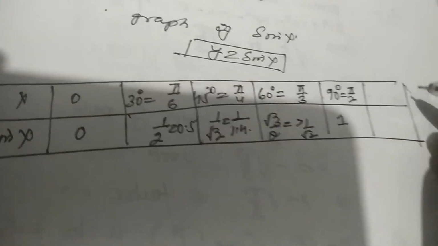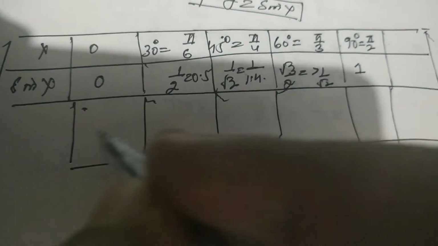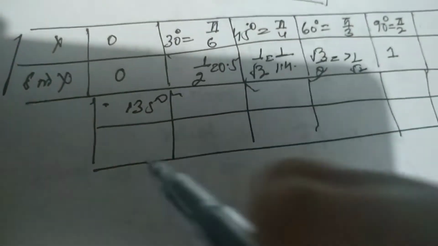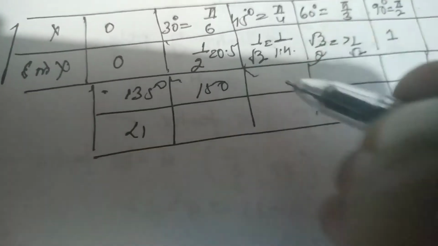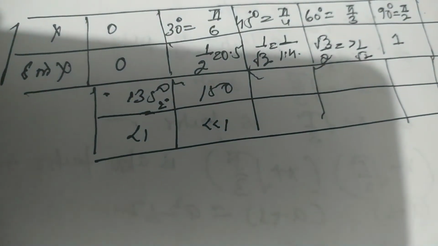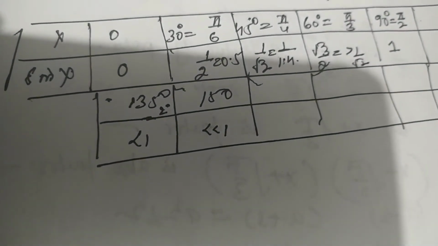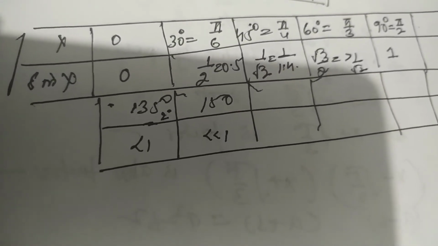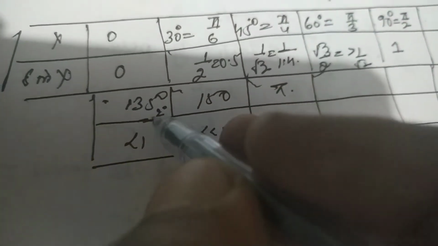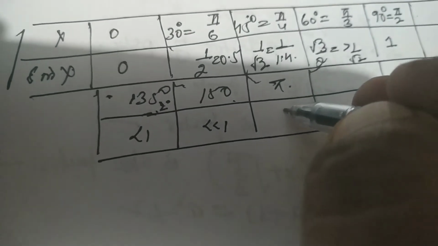Then 135 degrees is 3π by 4, and the sine will be lesser than 1. 150 degrees is also lesser than 1. Next, we put the value of π, where sin π is equal to 0, right?